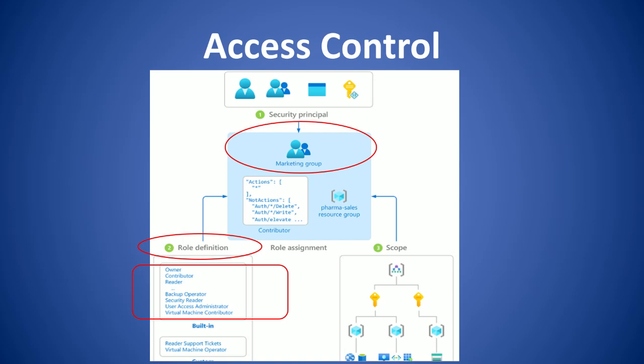As you can see here, the action contains star, meaning all actions are allowed, and some actions that are not allowed are delete, write, elevate. Those sort of actions are not allowed here. Once again, the scope here is the pharma sales resource group, and the group contains various things in it. So the whole group is the scope here.